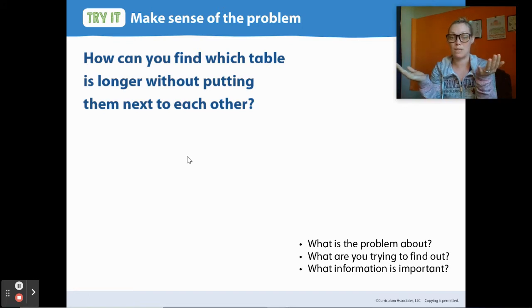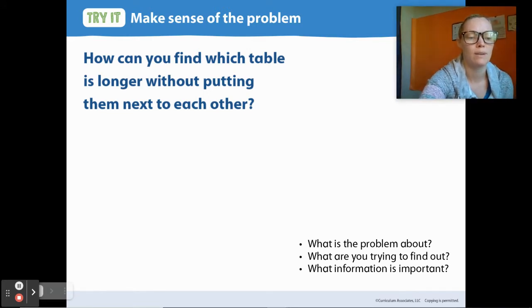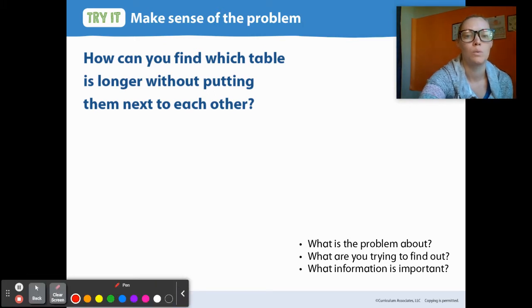So this is about measuring two tables, right? Seeing which one's longer. What are we trying to find out? How can you find which table is longer without putting them next to each other? We're trying to find out which table is longer.